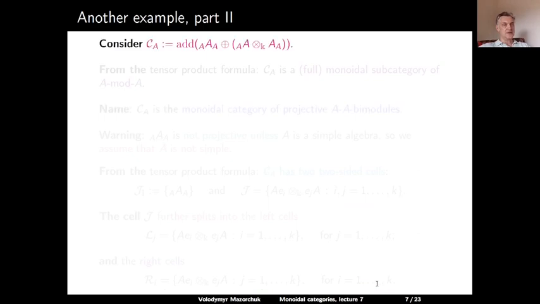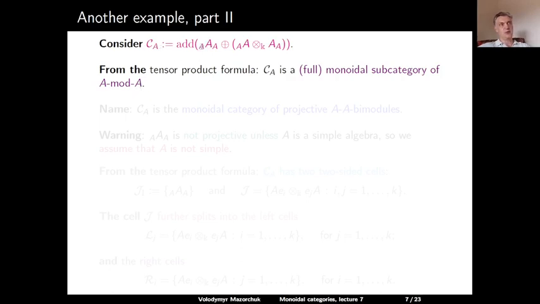Now let us consider, inside the category of all finite dimensional A-A bimodules, the additive closure of the regular A-A bimodule A together with all projective A-A bimodules. From the tensor product formula, we see that this additive closure, which we denote by C_A, is a full monoidal subcategory of A-mod-A.